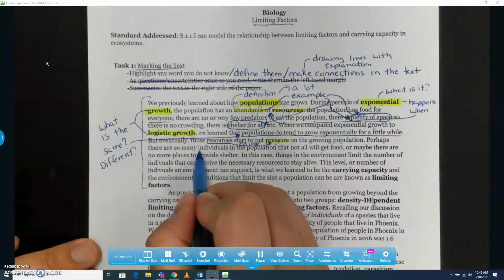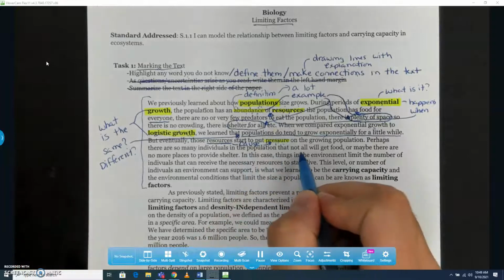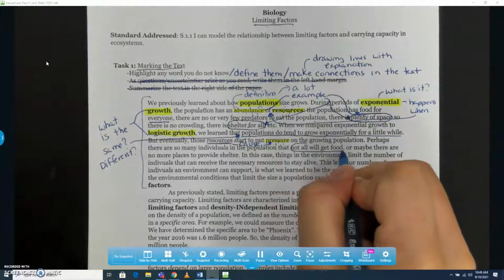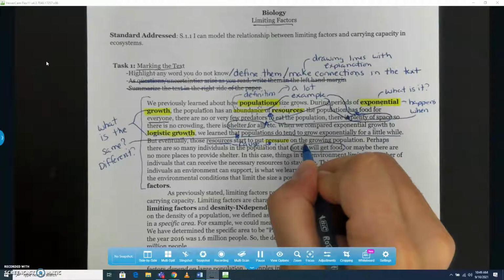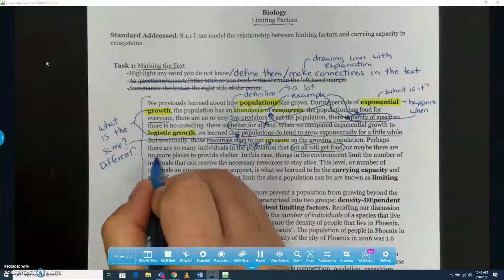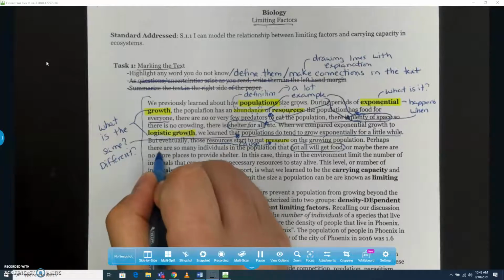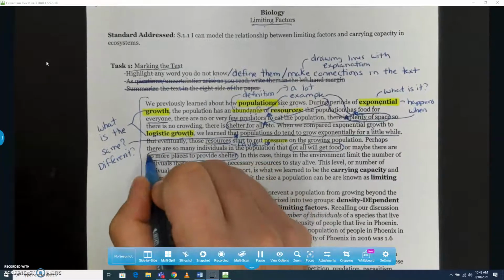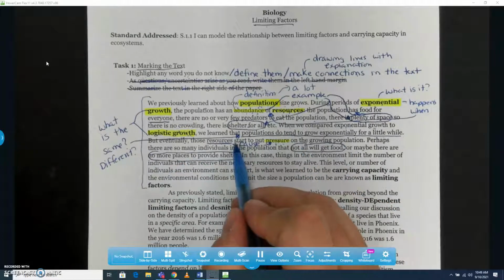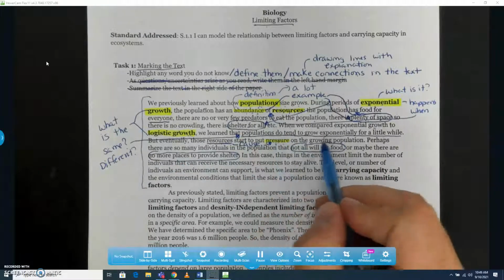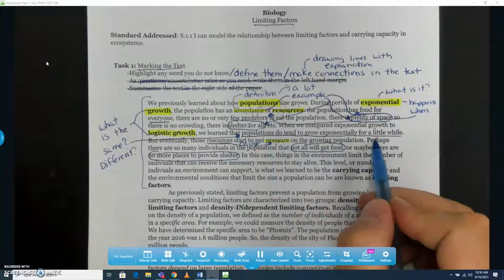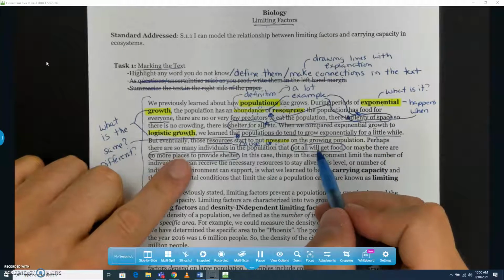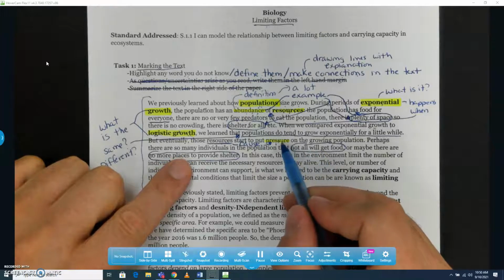Perhaps there are so many individuals in the population that not all will get food. Or maybe there are no more spaces to provide shelter. Going back to the sentence with pressure, it looks like as we continue to read, we're starting to get examples of exactly what we mean by pressure.